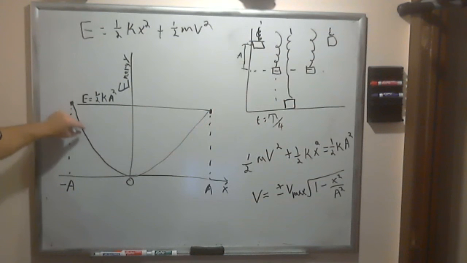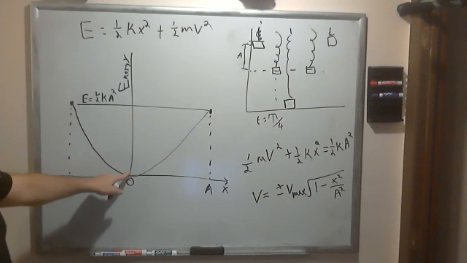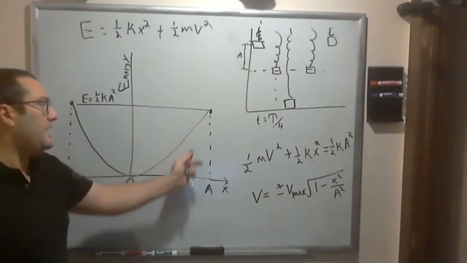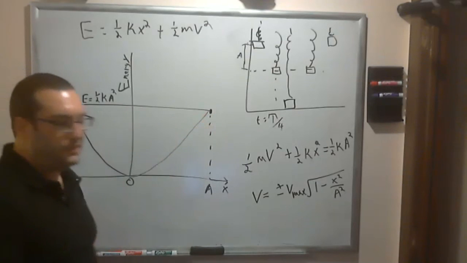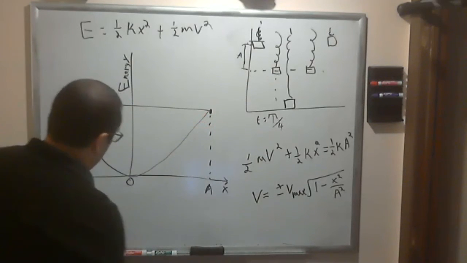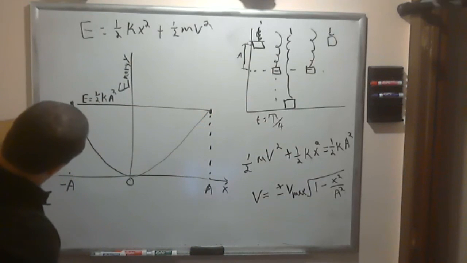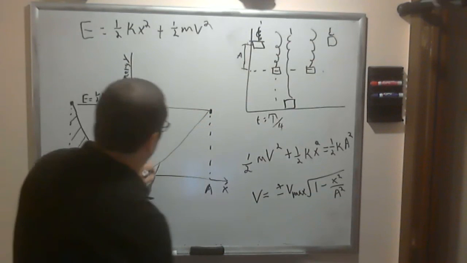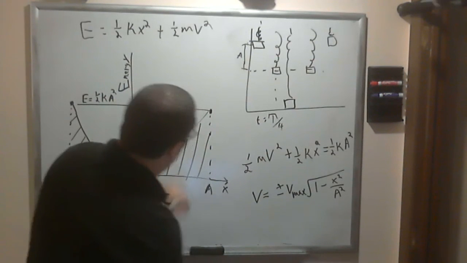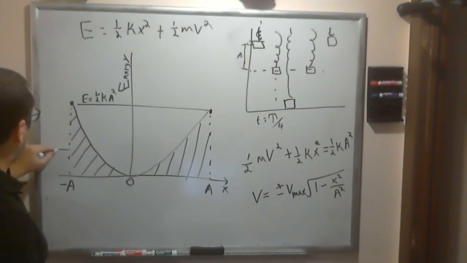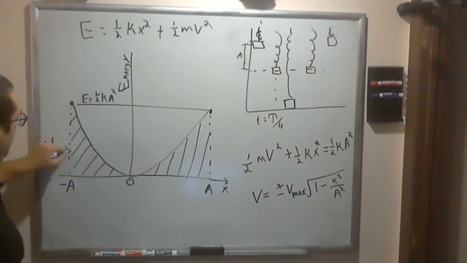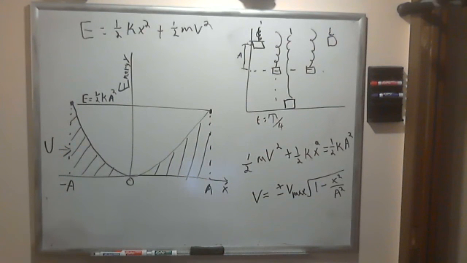And then as it drops, that potential energy gets transferred into kinetic energy and then back again on the other side into potential energy. And what we say is that underneath the curve represents the potential energy at any given point, right? This corresponds to the U in the system.